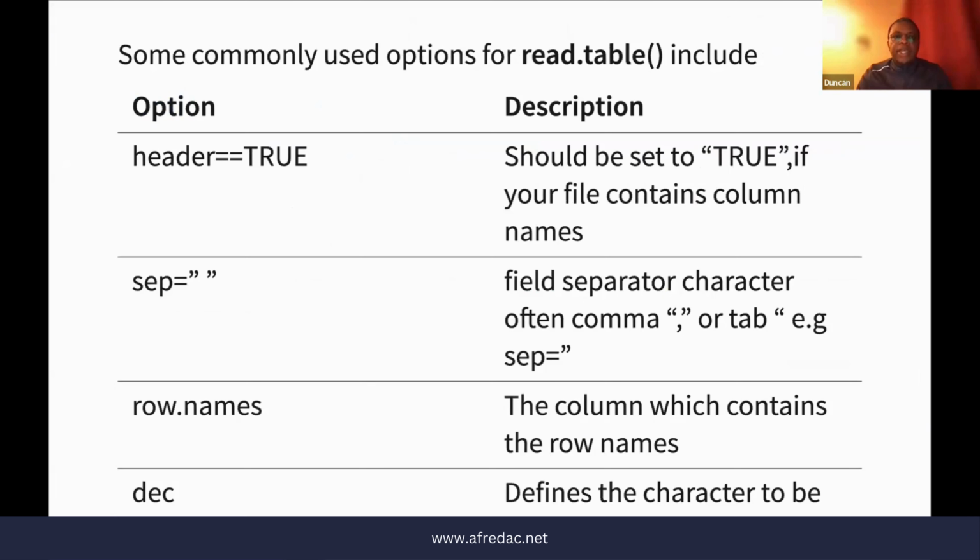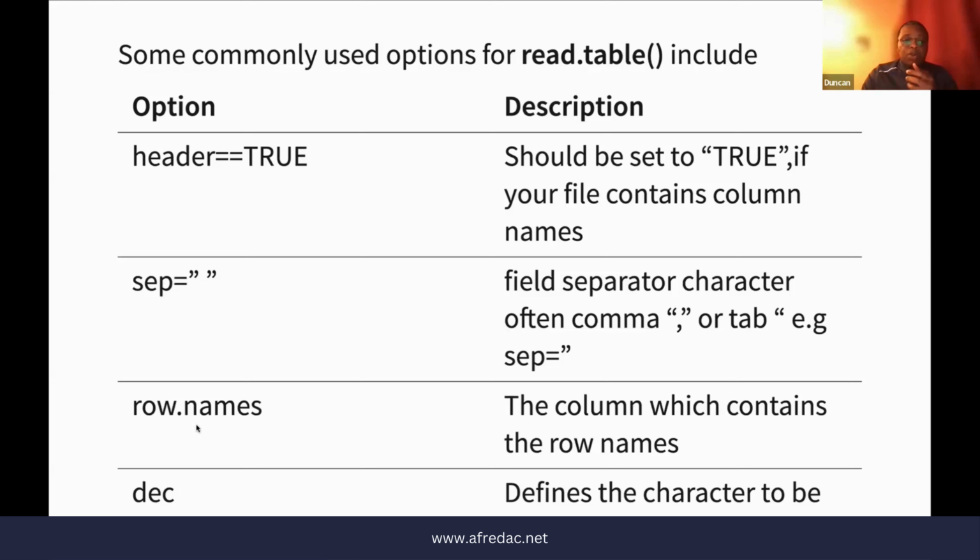Some of the options used as arguments in the read.table function are header equals to true, the one that we have just used, and sep equals to, with two quotations, so you can decide whether it's a space, a comma, a tab, or a semicolon.